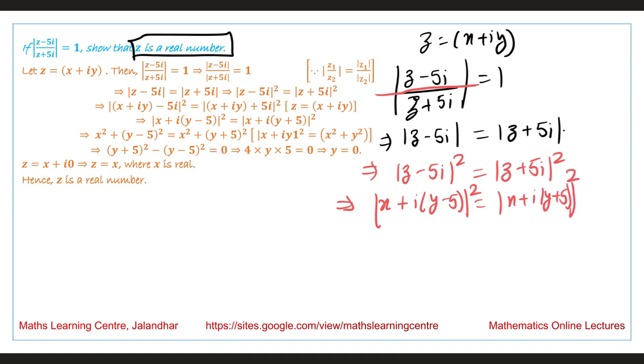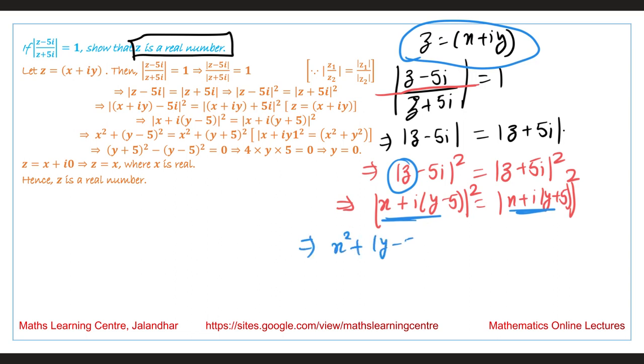In place of z, we have substituted x plus iota y. Now the value of this mod implies x square plus (y minus 5) square is equal to x square plus (y plus 5) square.